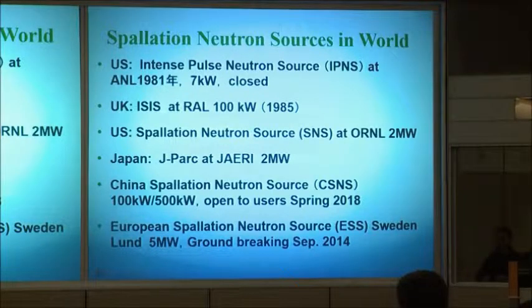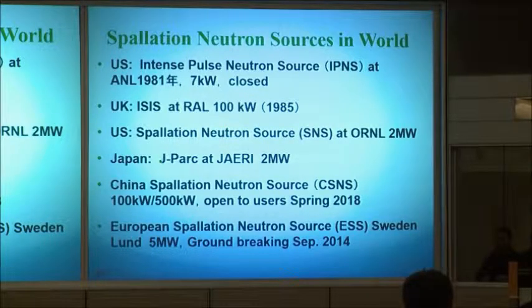In the UK, at Rutherford, there is ISIS, a spallation neutron source, starting work in 1985. This spallation neutron source actually is the most successful neutron source in the world. They produced many first-class results, and also many applications.